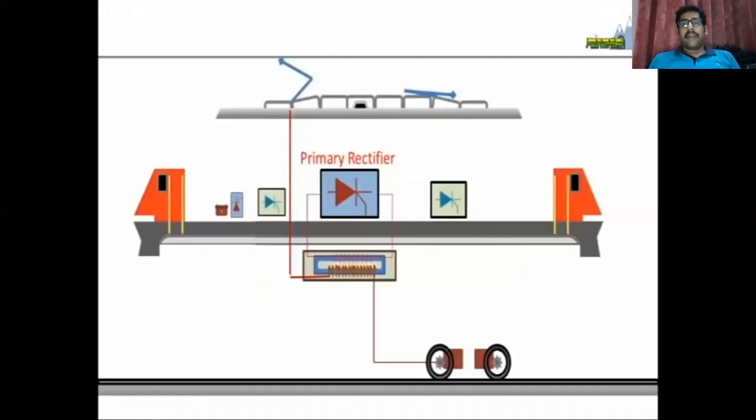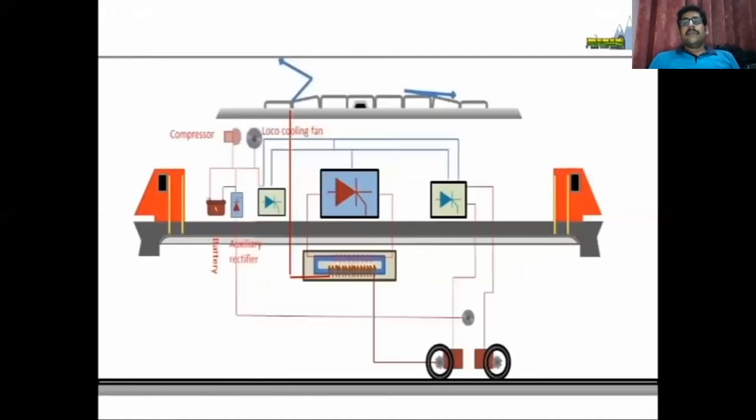This is the modified version of your AC locomotive. Now, this is one of the most important things. As you know, we are using a tap changer transformer, and this tap changer transformer has a very high capacity. It can convert this high voltage AC into low voltage AC. There are certain losses that occur in a transformer.